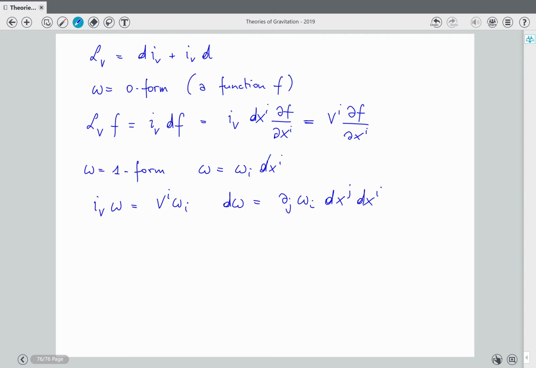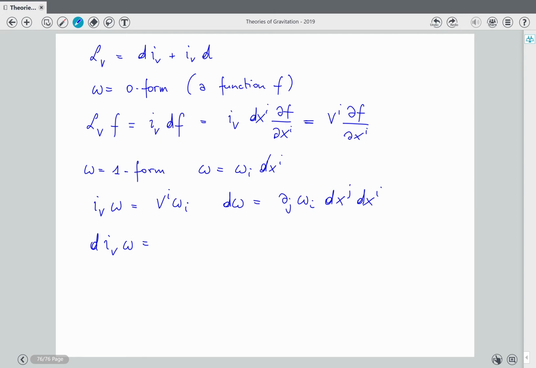Then we also know that we can work out the exterior derivative of this. That's the derivative of it as a function, because this is just a function.